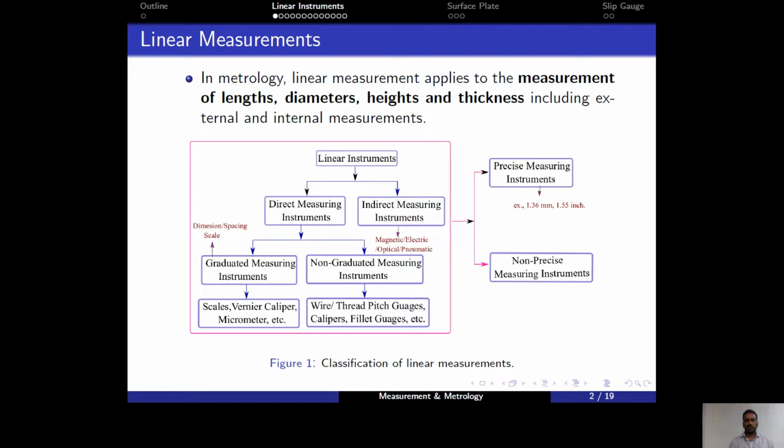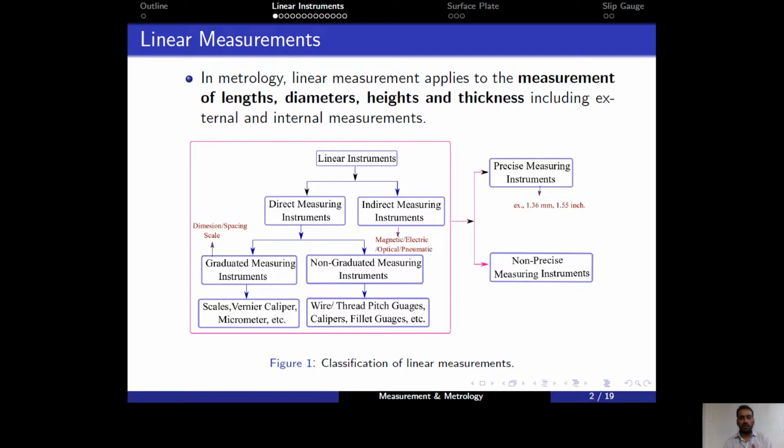If I classify these linear instruments, they can be further classified as direct measuring instrument and indirect measuring instrument. If I start measuring my dimension directly by placing a scale just beside this particular specimen, then this measurement is known as direct measuring, and the instrument required for that is a direct measuring instrument.